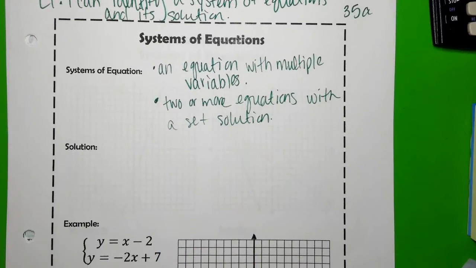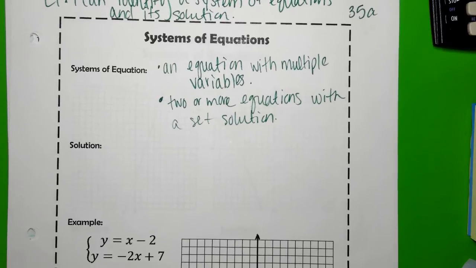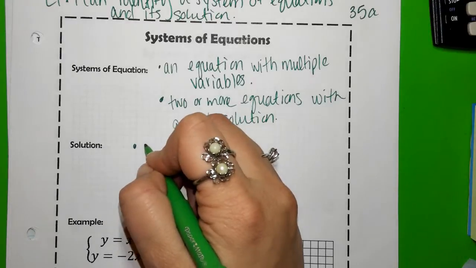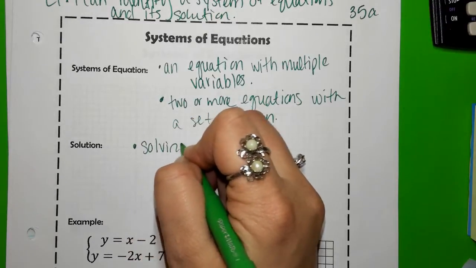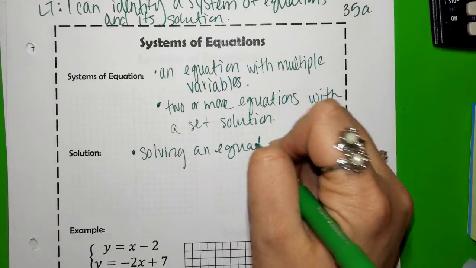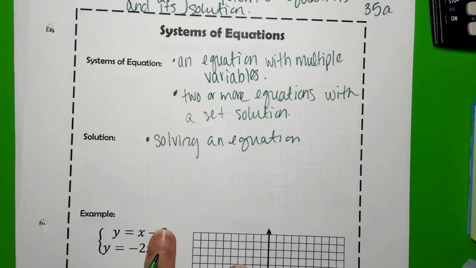All right, Gryffindor. Van, tell me what you were going to say. Oh, solving a problem. Okay, solving a problem, kind of. Solving an equation. But what is the solution to a system?